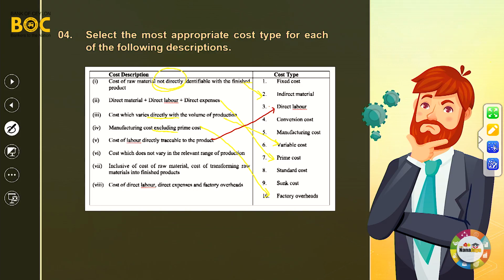The sixth one: cost which does not vary with the relevant range of production. It does not vary, we call it fixed cost.